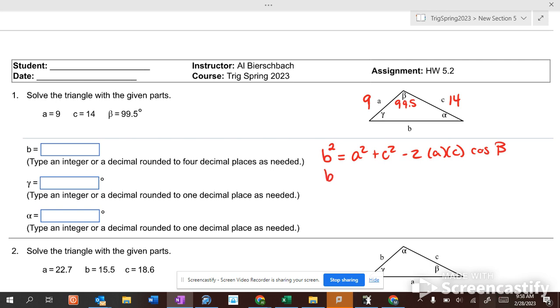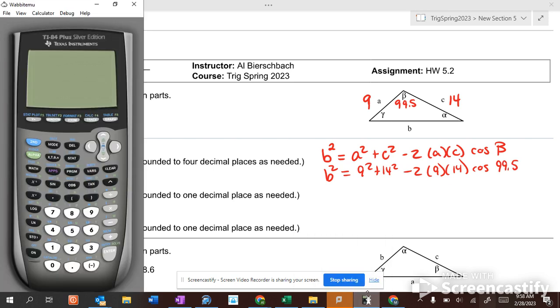So B squared is going to equal 9 squared plus 14 squared minus 2 times 9 times 14 cosine of 99.5 degrees.